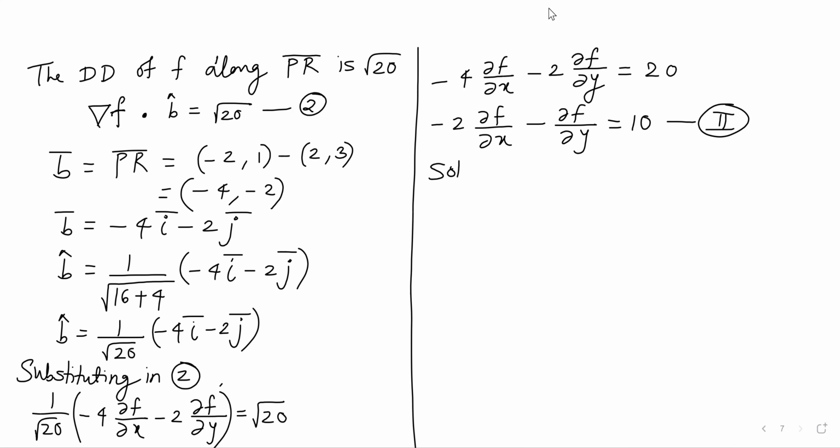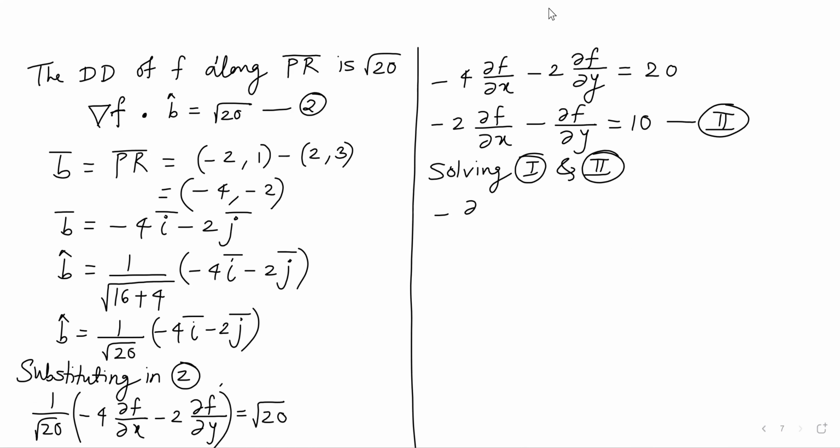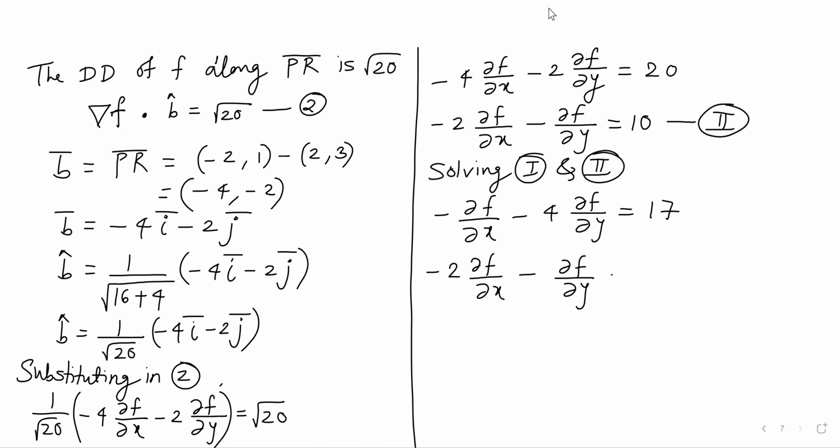Now solving Roman 1 and 2. What is 1? 1 is minus dabba by dabba x minus 4 dabba by dabba y equal to 17. And the second equation is minus 2 dabba by dabba x minus dabba by dabba y equal to 10.